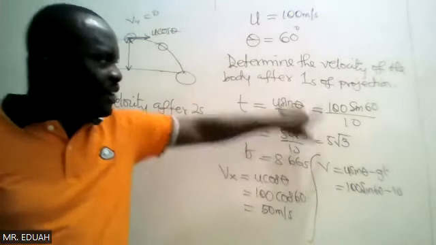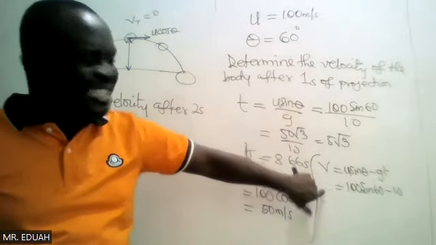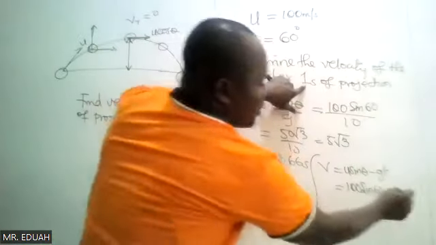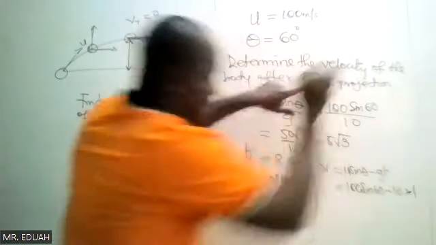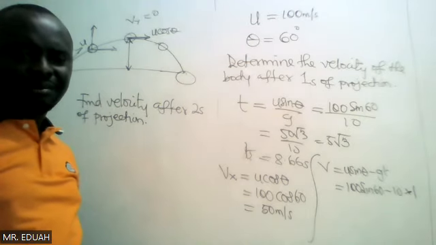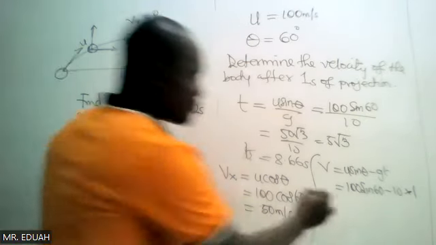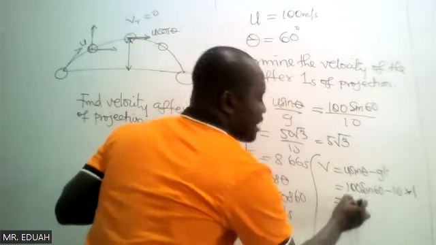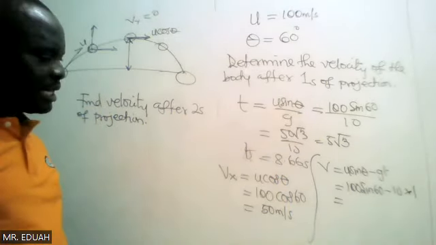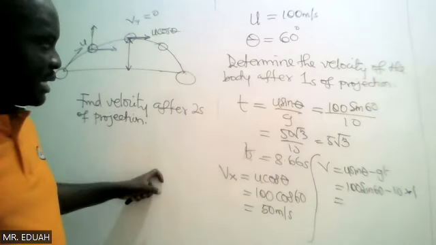So we want to determine the vertical velocity at this time, 1 second. So t will take 1 second, because you need the velocity at that time.